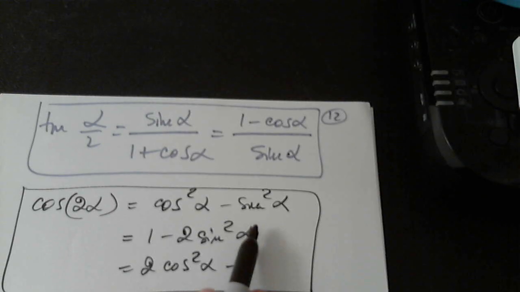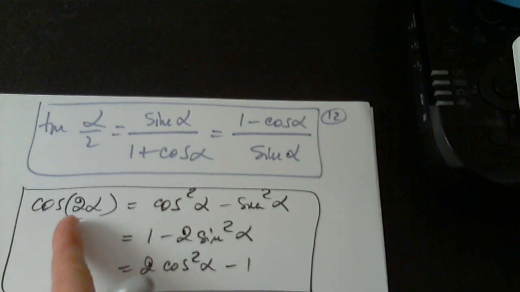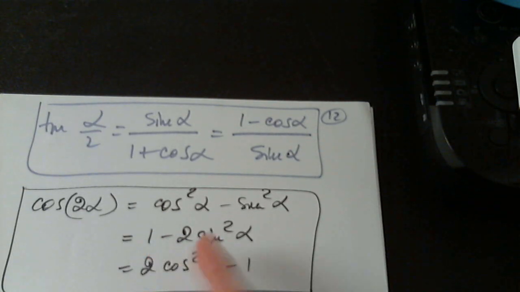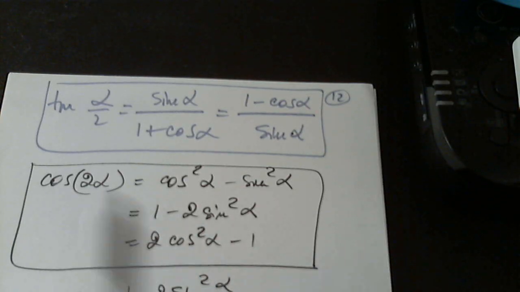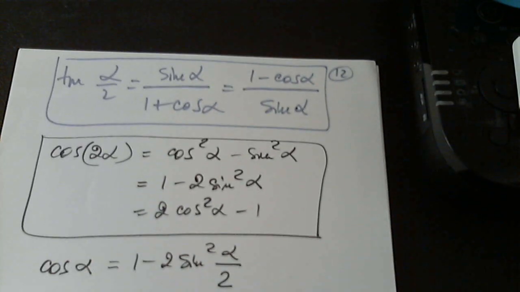I'm going to use that little trick that I showed you a minute ago. So cosine alpha equals 1 minus 2 sine squared alpha over 2. If this is alpha, this must be twice alpha. If this is alpha over 2, this will be alpha. And I'm also going to use the other one: cosine alpha equals 2 cosine squared alpha over 2 minus 1.